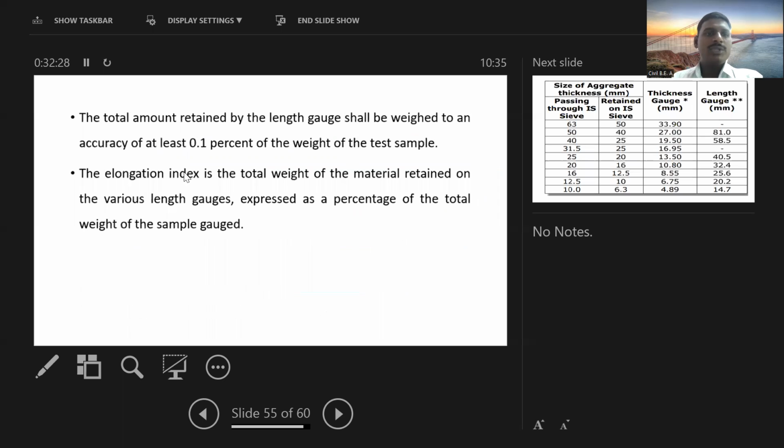So here again, the total amount retained by the length gauge shall be weighed to an accuracy of 0.1% of the weight of the test sample. Whatever the weight of the test sample is, 0.1% of the total amount retained on the length gauge shall be weighed. And the elongation index is the total weight of material retained on the various length gauges expressed as a percentage of the total weight of the sample gauged.